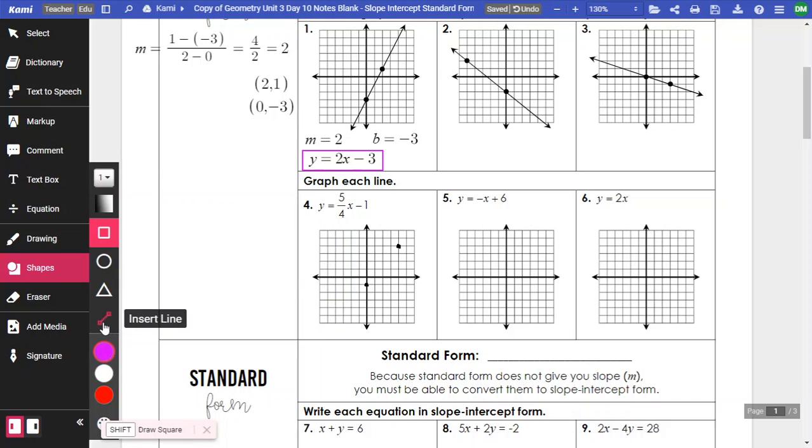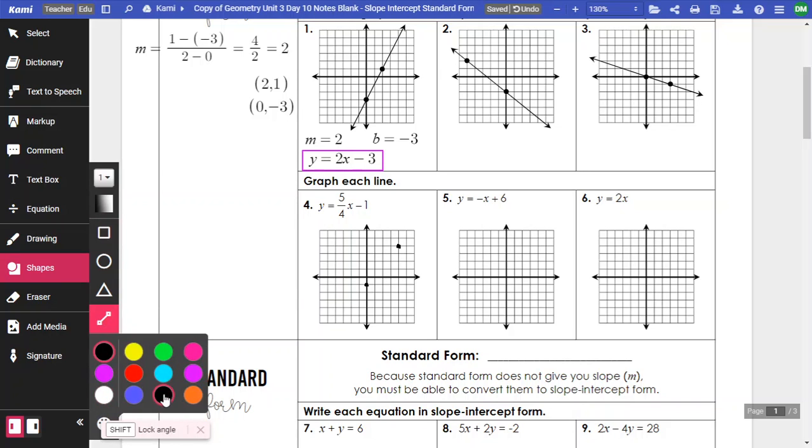And then I'm just going to insert a line here. And there we go. So we have graphed the line using the intercept, that -1, and then using the slope to find a second point. And now we've got it, and anywhere that is on this line will fit this equation.